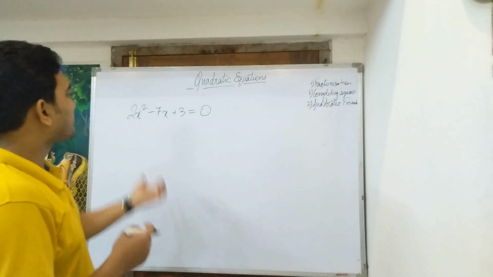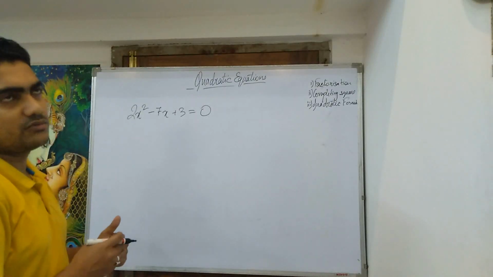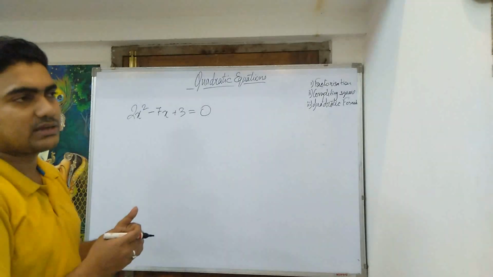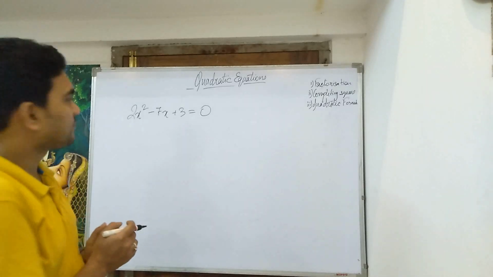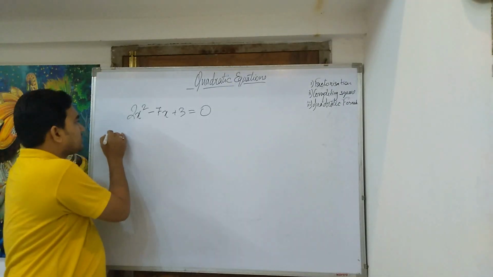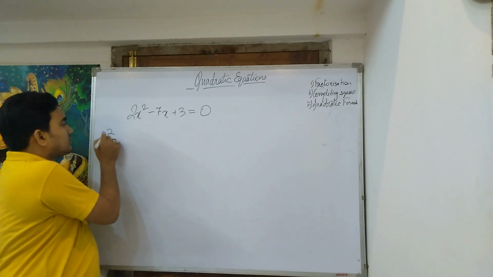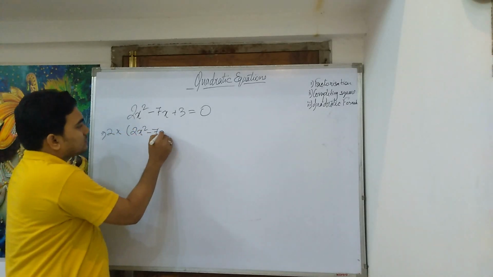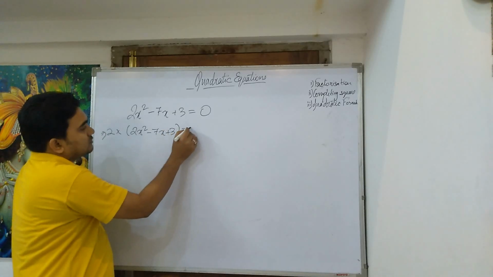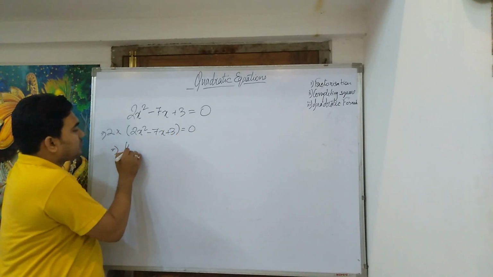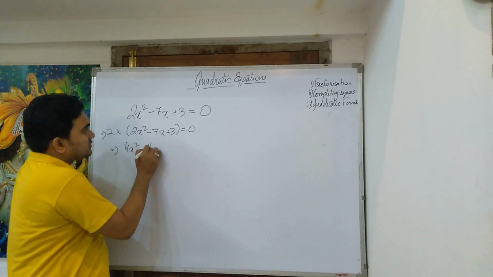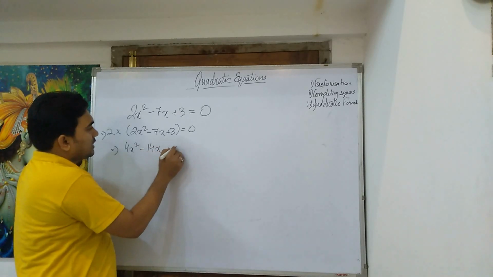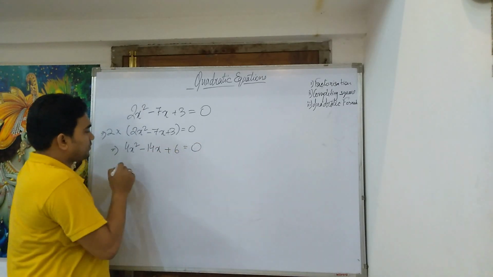We will encounter fractions, but if we do not begin with fractions, that would be a bit easier for us. So let us multiply the entire equation by 2. So this becomes 4x square minus 14x plus 6 equals 0.